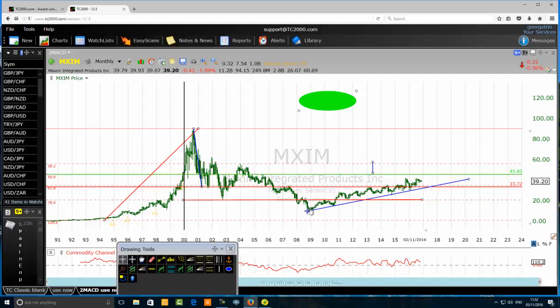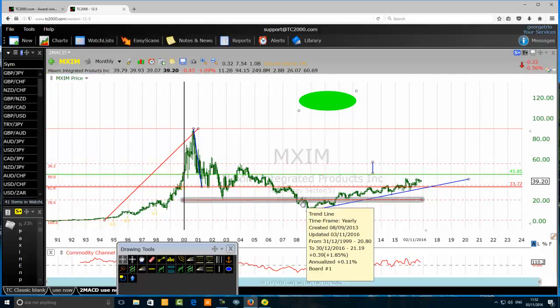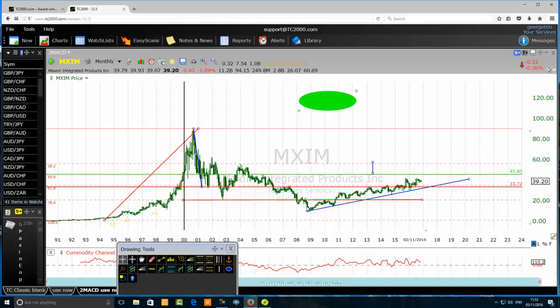It went below it, and quickly, and then slowly but gradually, it returned above. You see here, this is the 78% Fibonacci retracement level for Maxim, which is at $20. The stock went below that level. In fact, it went to the 88.6% Fibonacci retracement level. But I don't want to talk about 88.6% because I use 78%. So I'm watching the 78% Fibonacci retracement level, and as it went below it, which is good.